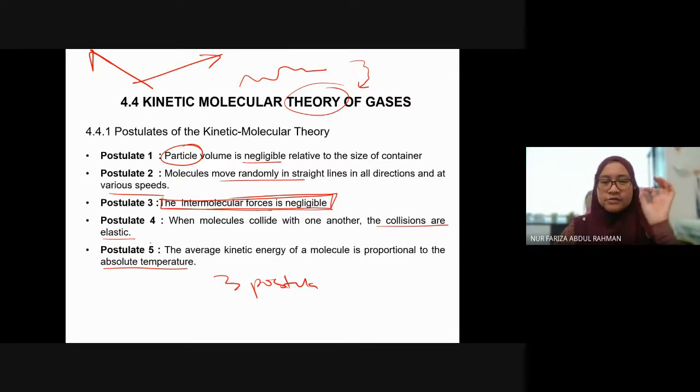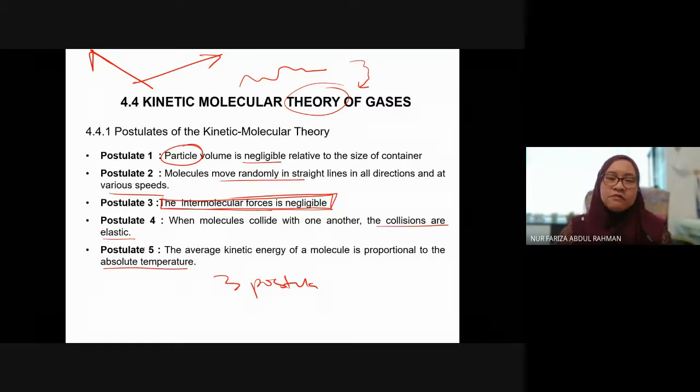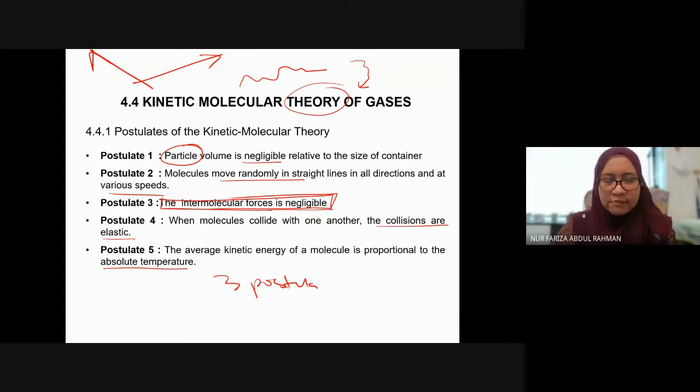So as of now, let's just stick to 5 postulates that we have in the syllabus. So you kena tahu all these 5 postulates. Make sure that you know in case the question asks, state 3 postulates of KMT for gas. Any of those 5 will be your answer. Make sure dia jangan sama.